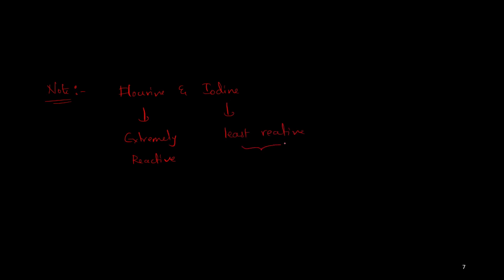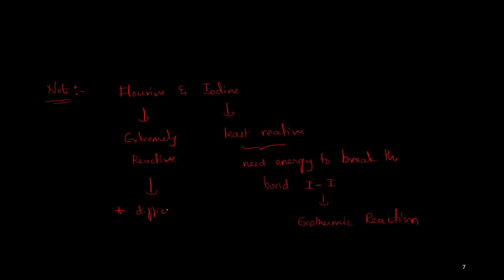So you need to supply energy to break the bond between I and I. Whereas here, fluorine is extremely reactive, so it is very difficult to control. Second, it is very explosive. Okay. And it is extremely fast reacting. So practically, it is very dangerous.